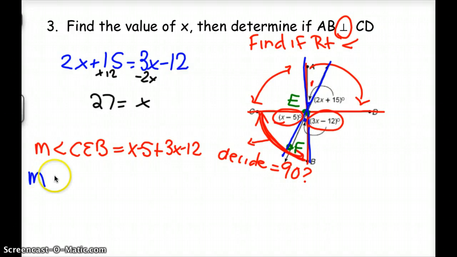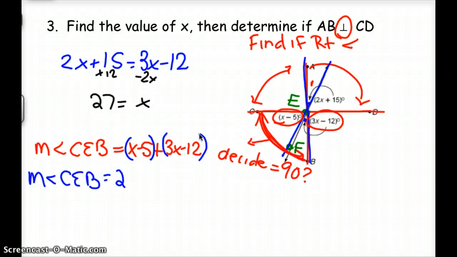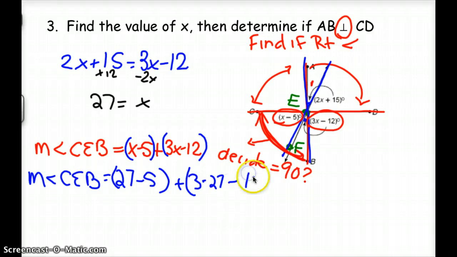Again, don't have those numbers floating. You need to communicate what you're doing. That's the measure of angle CEB. I'm going to take 27. This is one angle and this is your second angle, so I should put parentheses around those. 27 minus 5, and then plus 3 times 27 minus 12. Do you guys want parentheses around that?